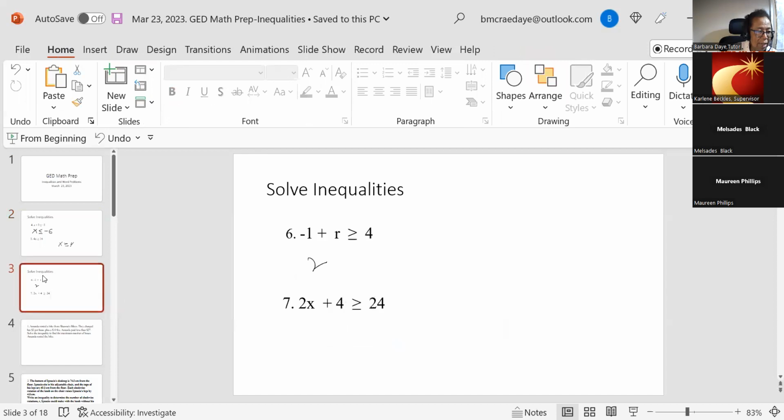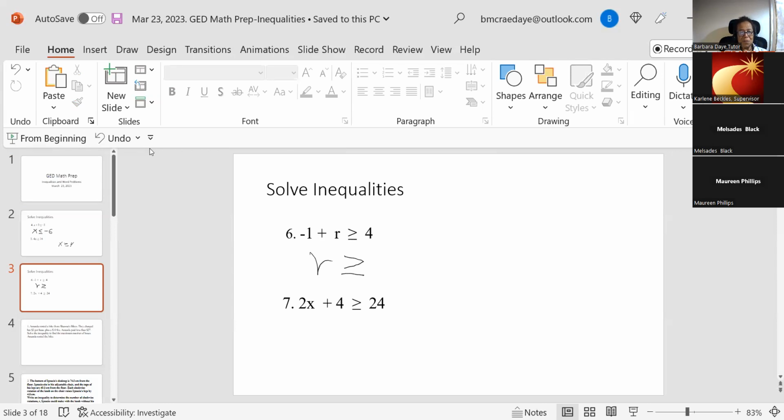Let's see, 6. So 6, you have the constant on the left, and that's r, right? So we'll have r greater than or equal to. What's on the right side, Mercedes?